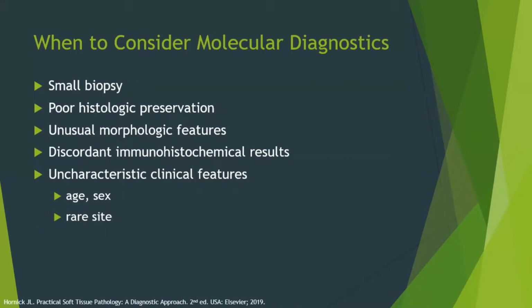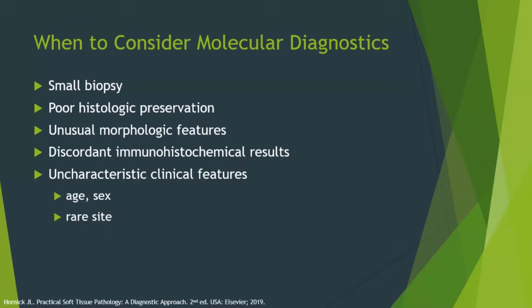So these are more specific examples when you might want to consider doing a molecular diagnostic test. So for example, a small biopsy. So when you already have a high pretest probability that you are dealing with a sarcoma with a distinct molecular or cytogenetic aberration and you only have scanty remaining material, you want to avoid making diagnostic errors and you want to avoid a repeat biopsy, you might want to just give that scanty material to the molecular testing.